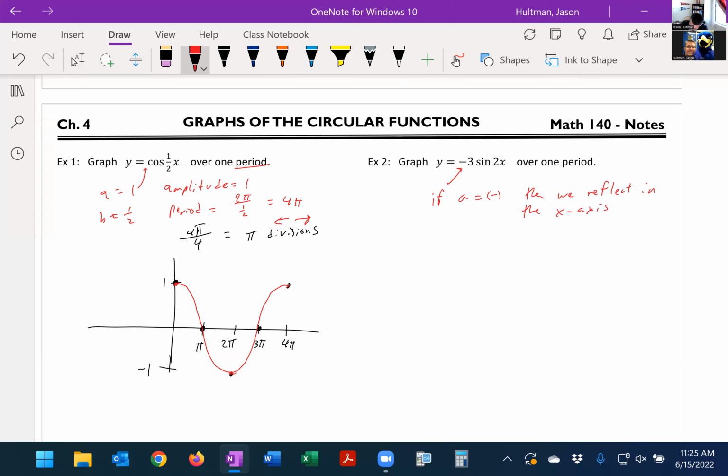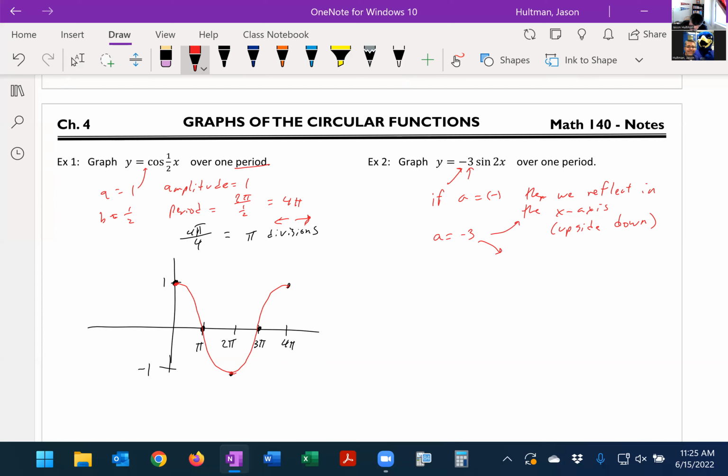So we flip this thing upside down. The 3 tells me that I'm going to stretch this and have an amplitude of 3. So a equals -3 tells me that I'm going to flip and that I'm going to stretch vertically.